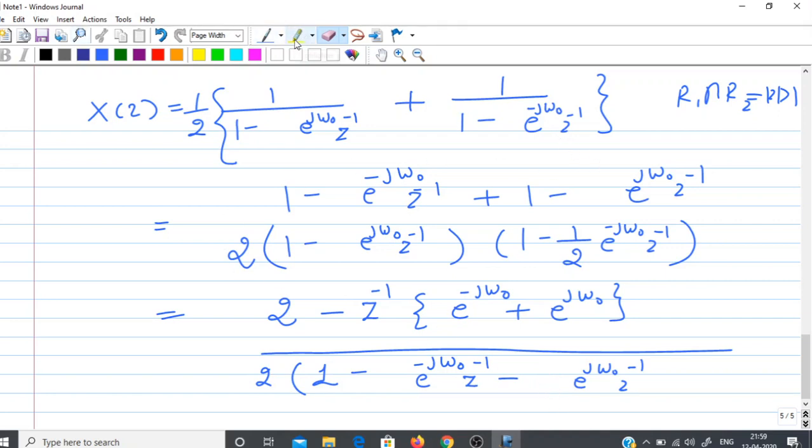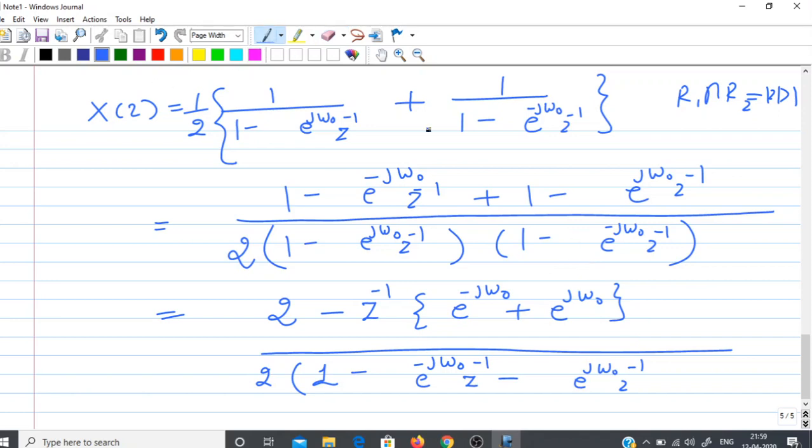So this is the expression. Now if we simplify this, we get 1 minus e to the power minus j omega naught z inverse plus 1 minus e to the power j omega naught z inverse, and in the denominator, again this half has to be removed from here.